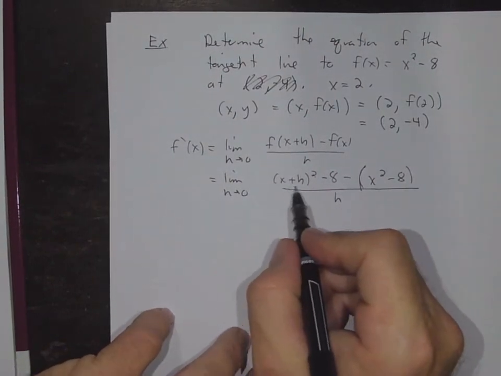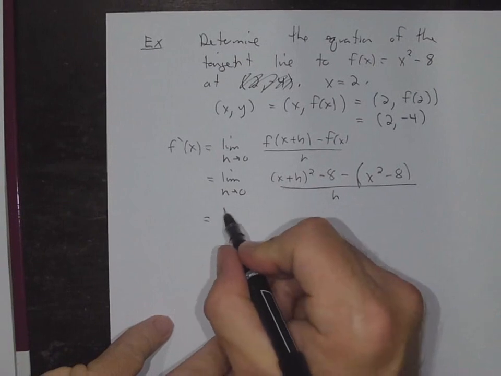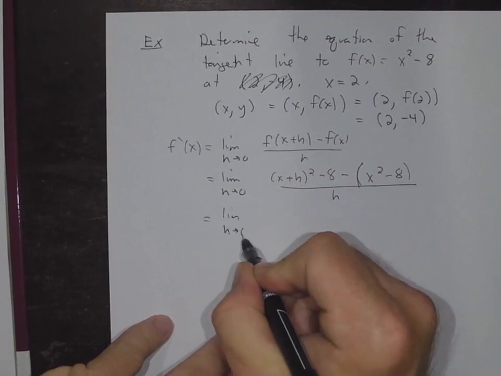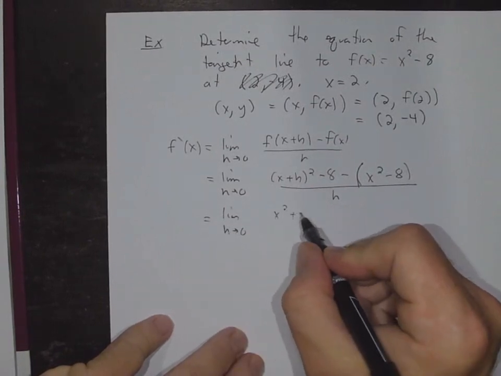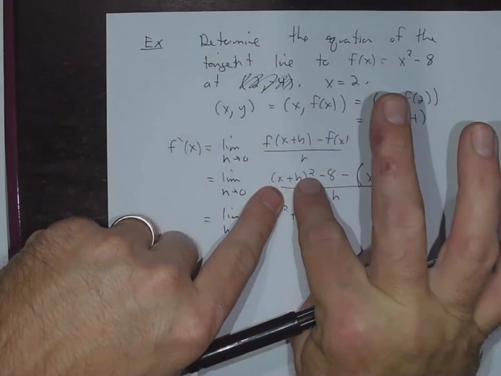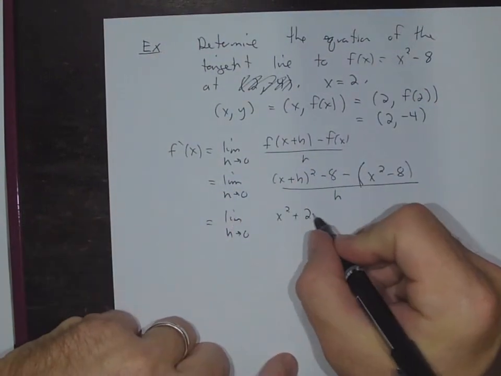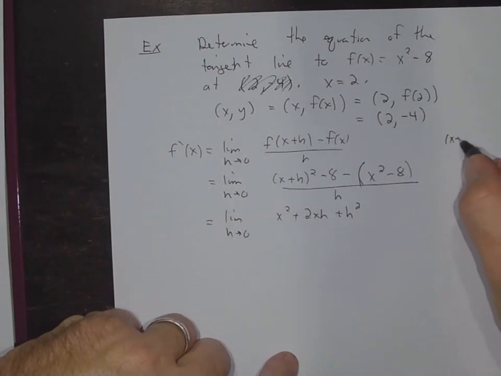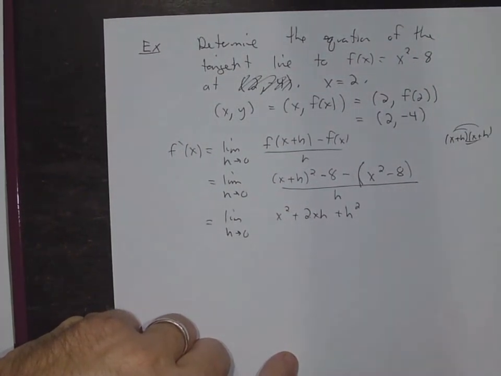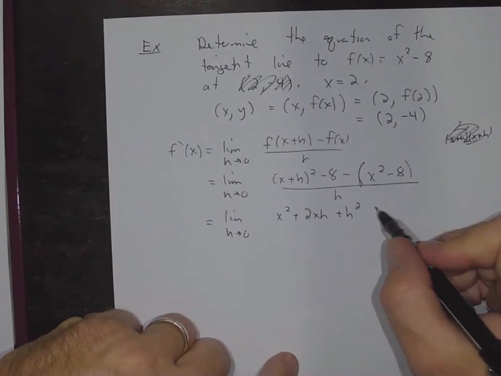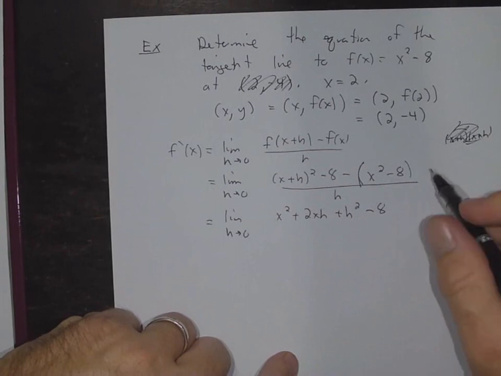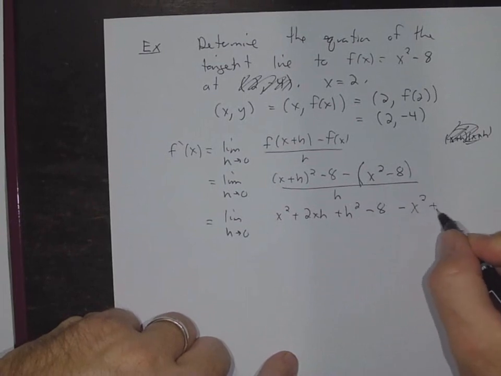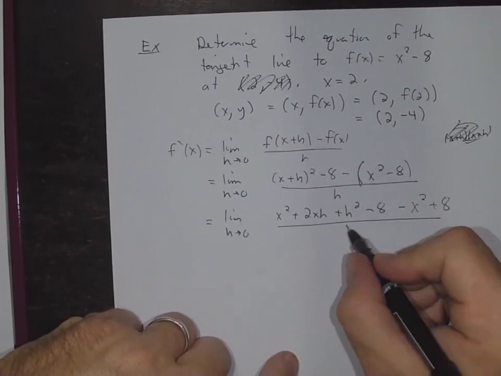And remember, this is x plus h times x plus h. So you're going to have to FOIL that to get x squared plus, outside's going to give you xh, inside's going to give you xh, so it's going to be 2xh plus h squared. And if it helps, you can write it out that way. That's what that means. So you're going to have to FOIL that, and that's going to give you this. All right, and then I have minus 8, and then distributing this negative is going to be minus x squared plus 8 all over h.